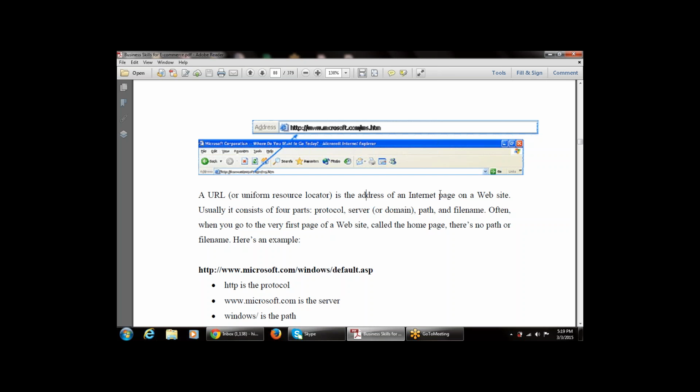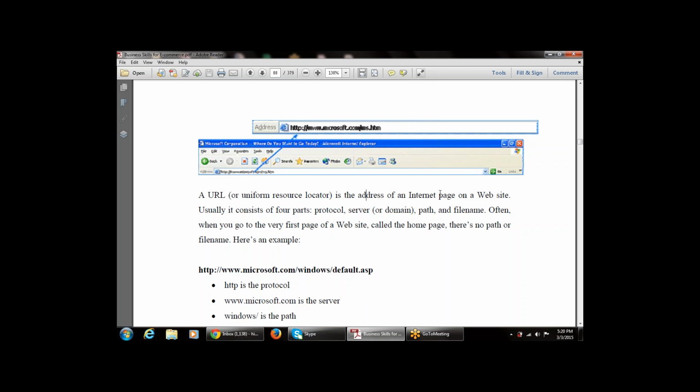Whenever I put any website in Google or any search engine, it automatically converts into the URL. So the URL always starts with HTTP. What is HTTP? Hypertext transfer protocol.